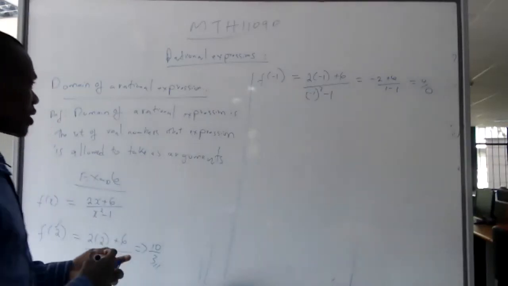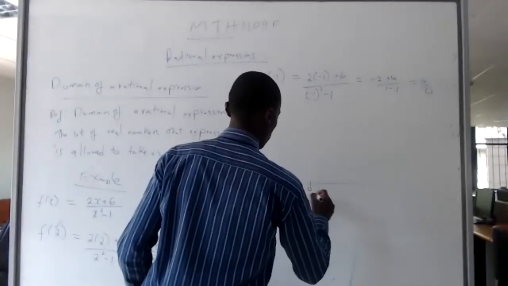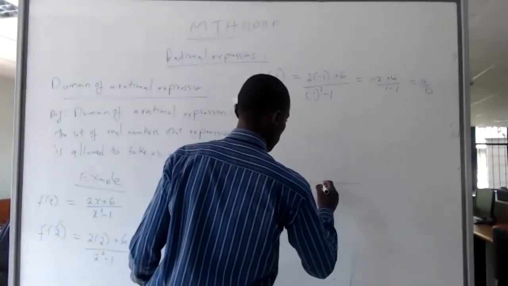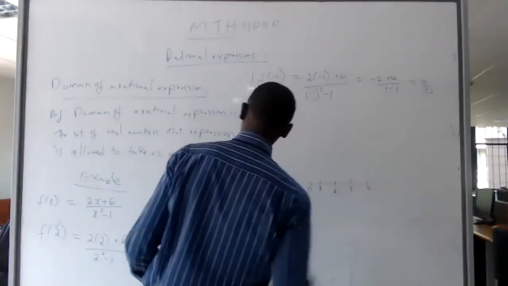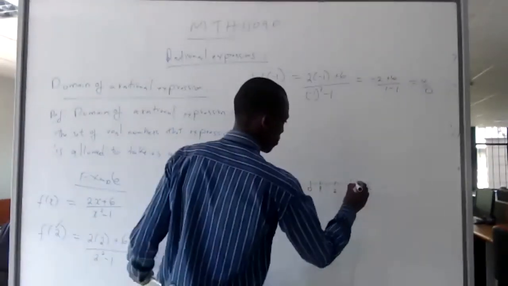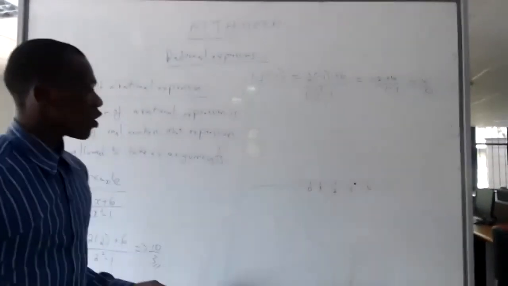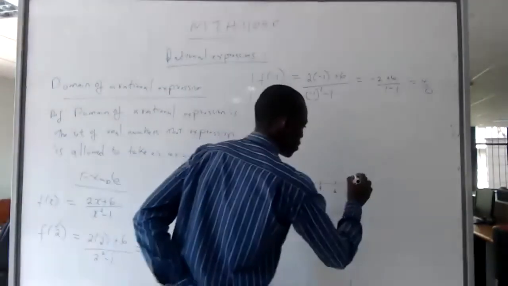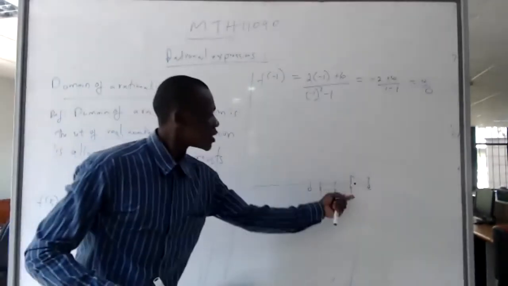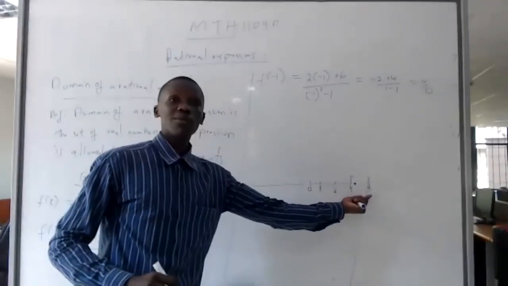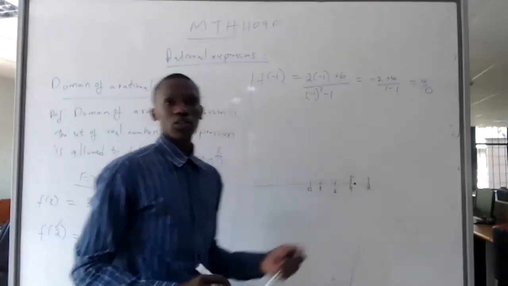If you draw the real number line, 0, 1, 2, 3, 4, 10 divided by 3 is somewhere between 3 and 4. It's going to be 3.333 going on forever, but we are sure it's a number between 3 and 4. We know 4 is a real number, 3 is a real number, so any number in between is also a real number. So it's finite.